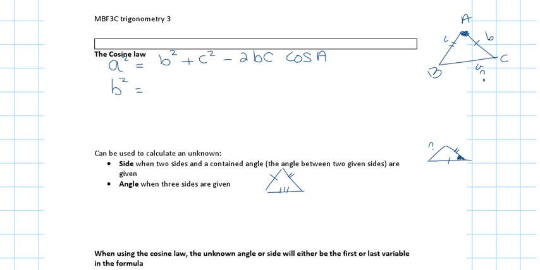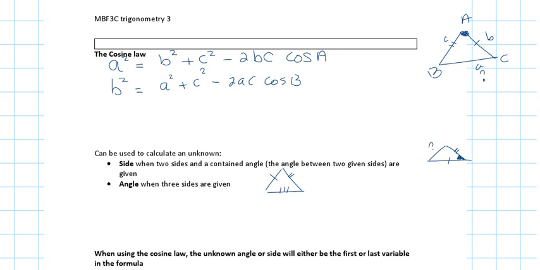So I know A and C, and I know angle B. So that's going to be A squared plus C squared minus 2AC cosine B. Make sense? Now these formulas will be given to you in the formula sheet, so you don't have to memorize them, but at least you have to know which one you're using.